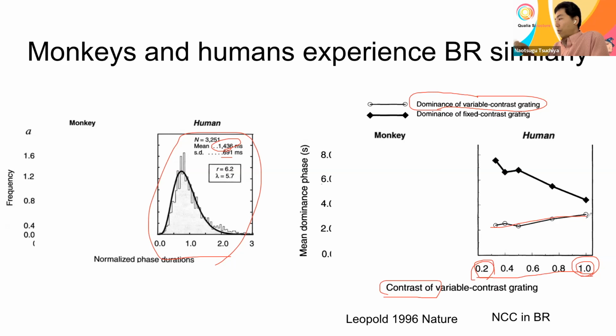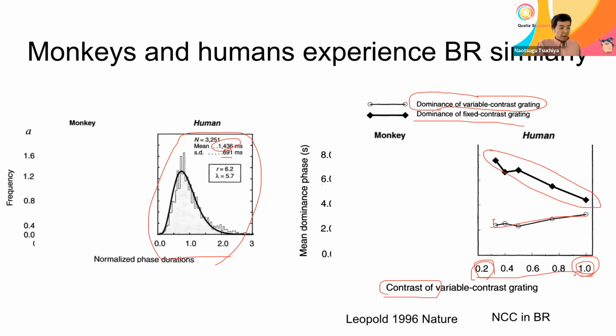So the stronger stimulus does not dominate in binocular rivalry for a longer time. There is a small increase here, but it's very, very small. On the other hand, when you change the contrast for your right eye, the dominance duration of the left eye stimulus decreases dramatically.